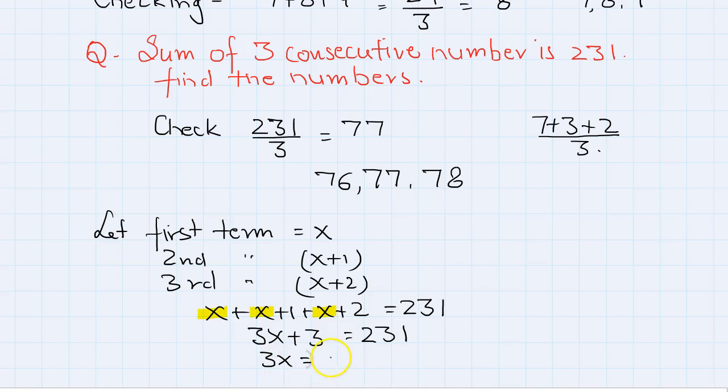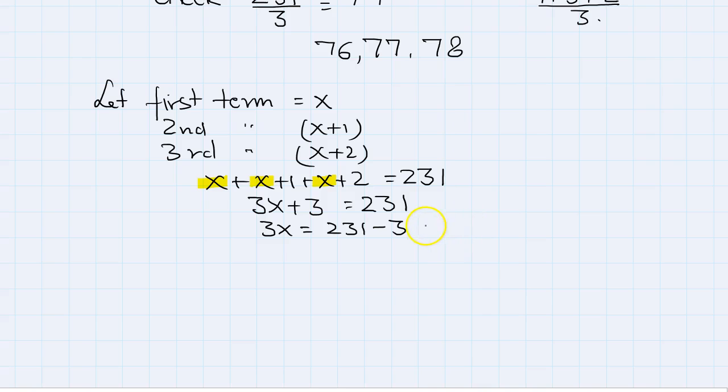So 3x will be 231 minus 3, so that will be 228. x will be 228 over 3, so that is 76.